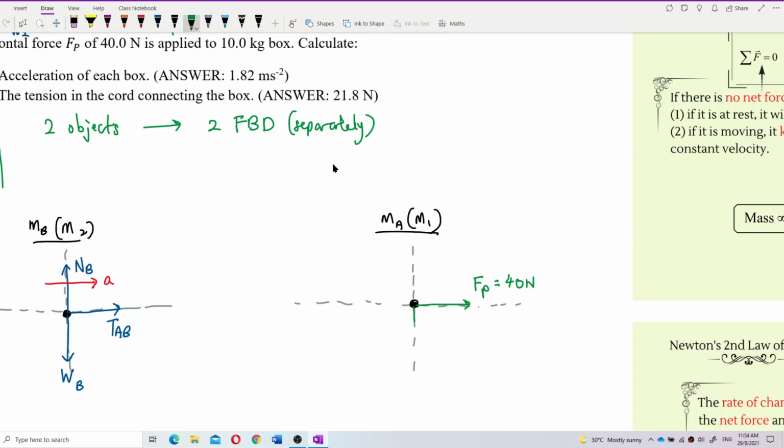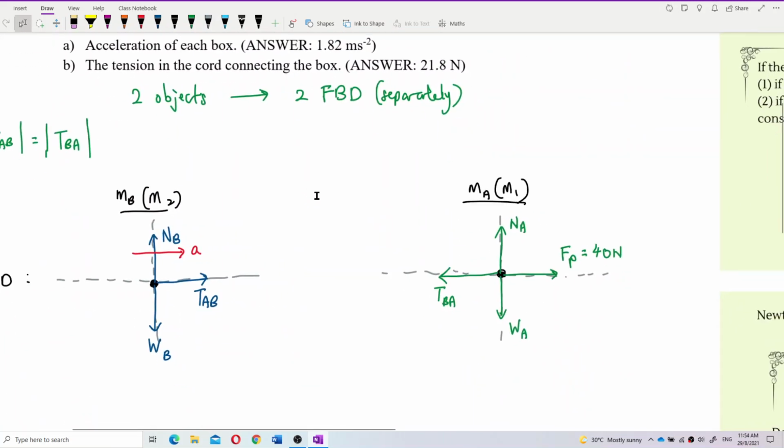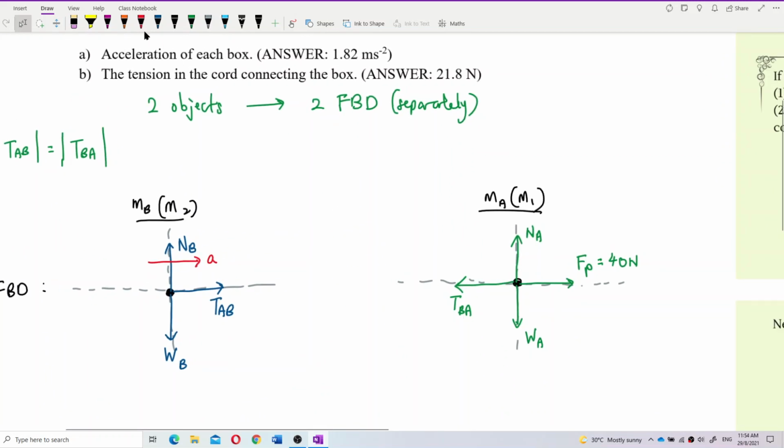And then it has the weight A. This one is the normal force A. And then you have the tension going behind, this is TBA. So I think I got everything. I need to draw the acceleration to the front also. So that's the free body diagram.